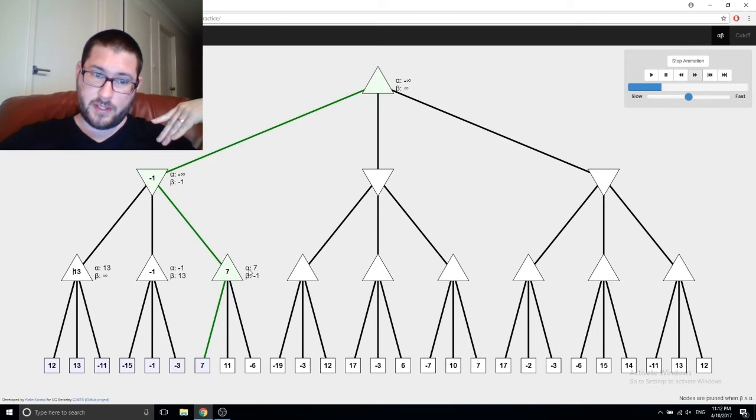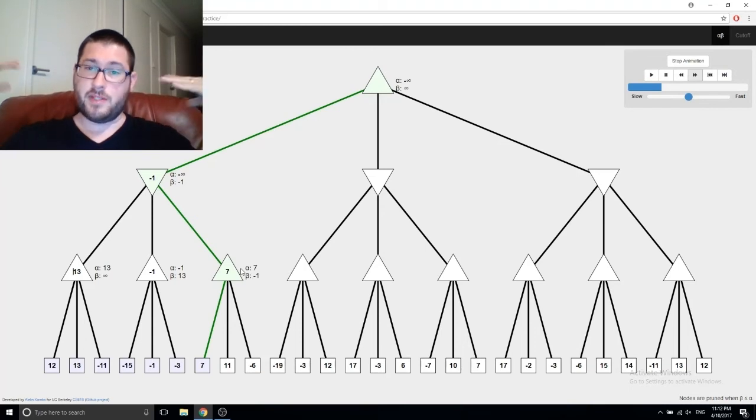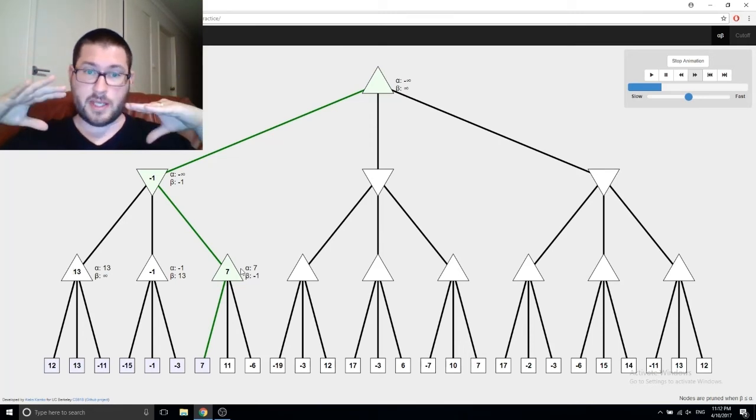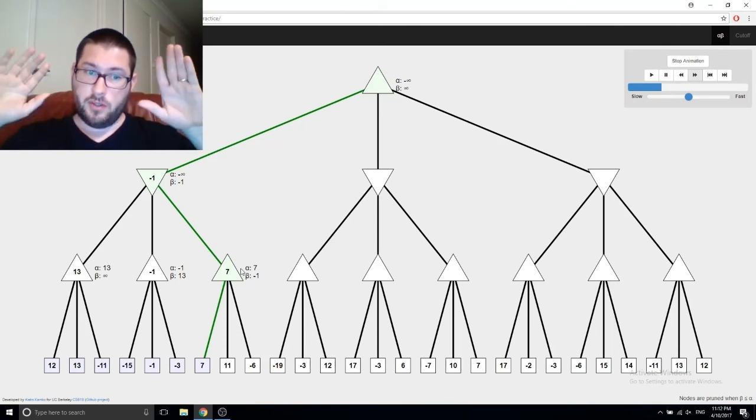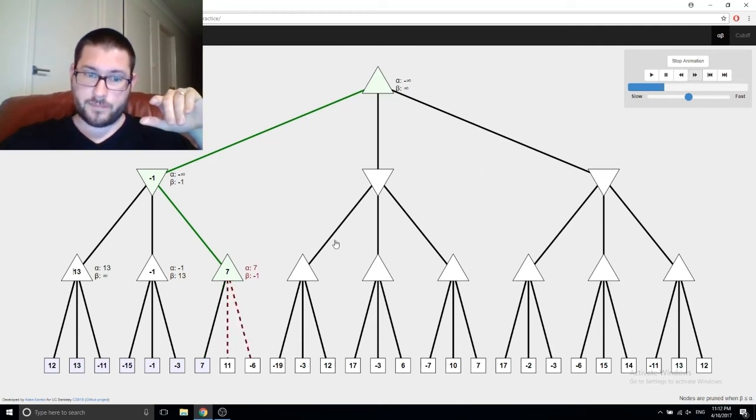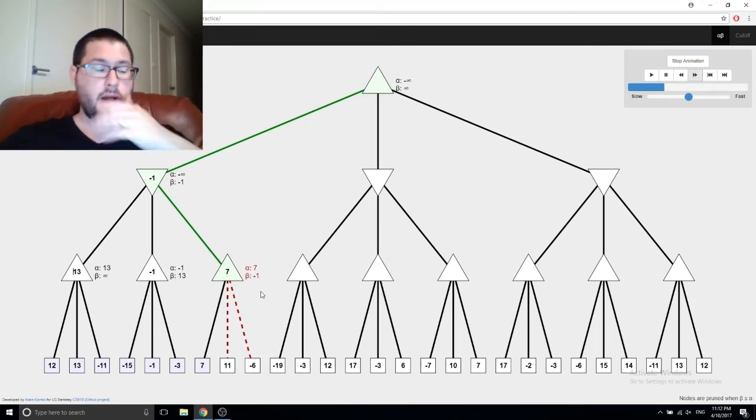If the alpha value at any point is equal to or higher than the beta value, that means that there is no path in the current tree that is worth exploring. So as soon as that happens, you can say, I don't want to explore things any further. In fact, that's what will happen right now. Yes, it's cut off these two branches. It said that they're not worth exploring.